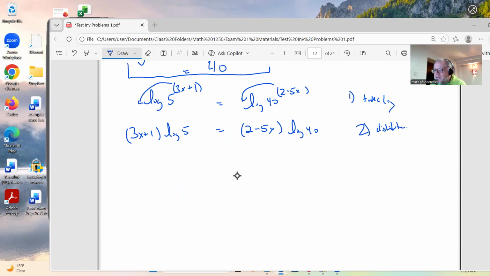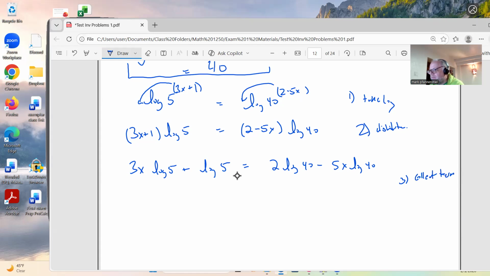So we're going to say this is 3x log 5 plus log of 5. That's equal to 2 log of 40 minus 5x log of 40. Our third step is we're going to push all of the x's off to one side and everything else on the other side. So we're going to collect terms.